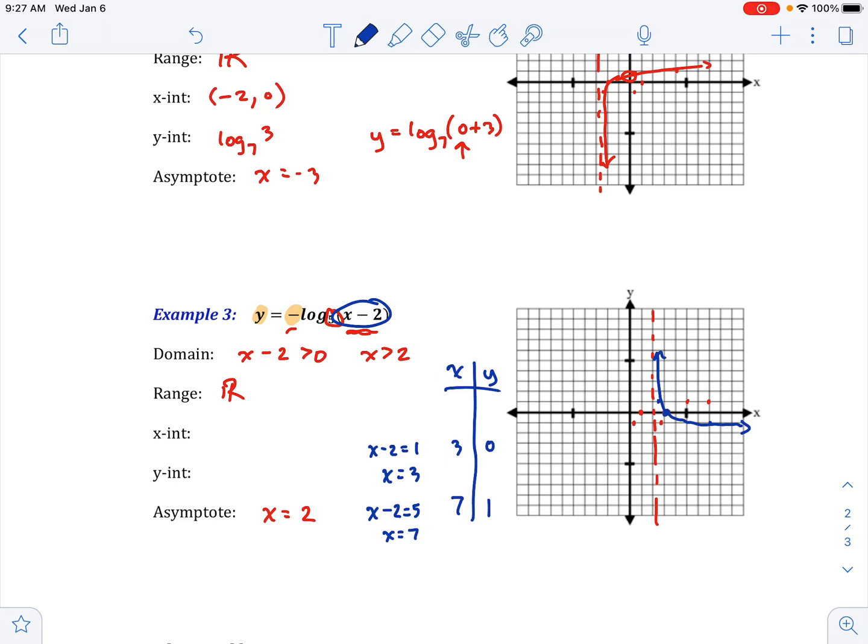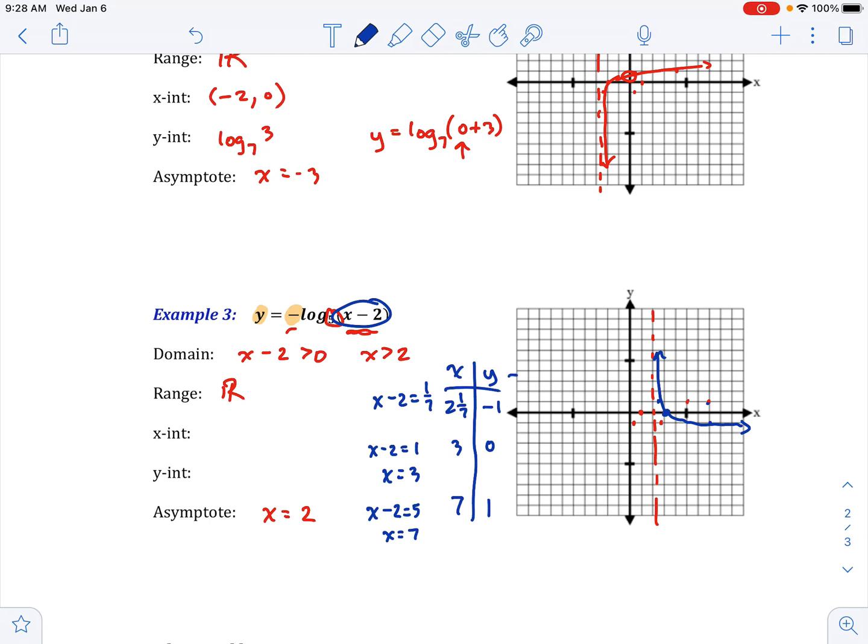And notice that so far these points are working. I got my 3 comma 0. I've got my 7 comma 1. We're going to flip all these numbers here in a second because of the negative. And then the last part is x minus 2 is equal to my 1/5. And so now if I add 2, I've got 2 and 1/5 is equal to my negative 1. All right.